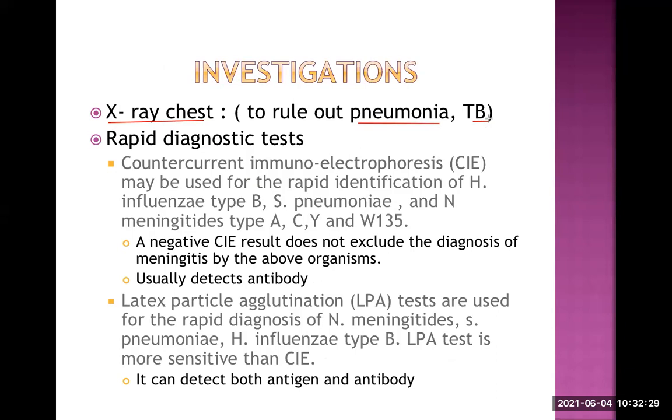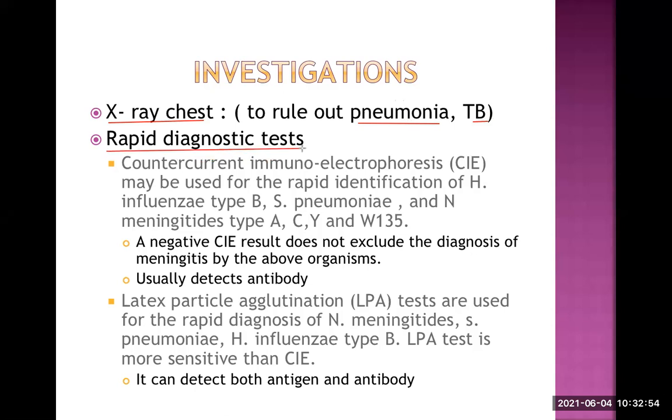And in case of bacterial meningitis, the source may be the lung. The patient may have pneumonia first. After pneumonia, the microorganism goes to the blood, and from there it enters the brain. That can happen, so we need to find out the source.